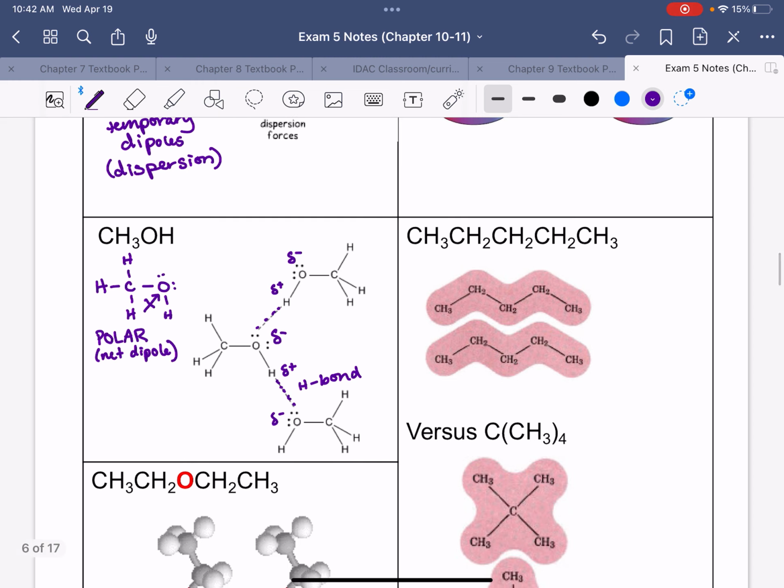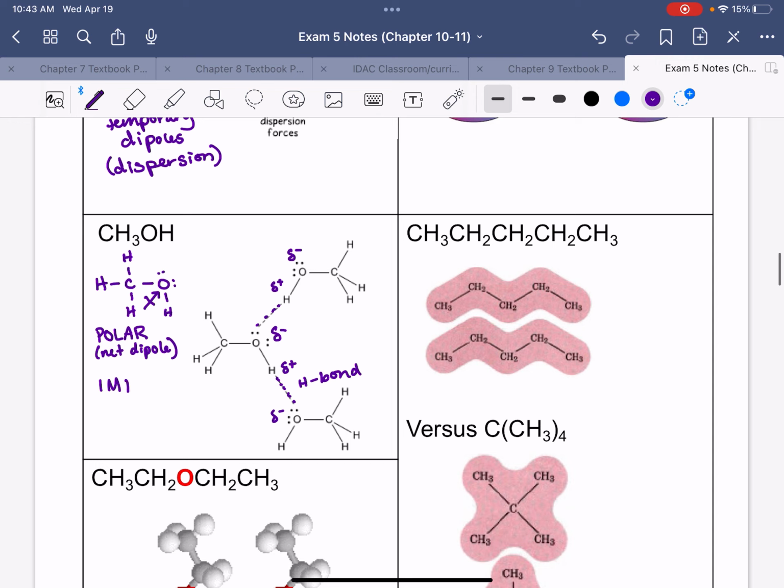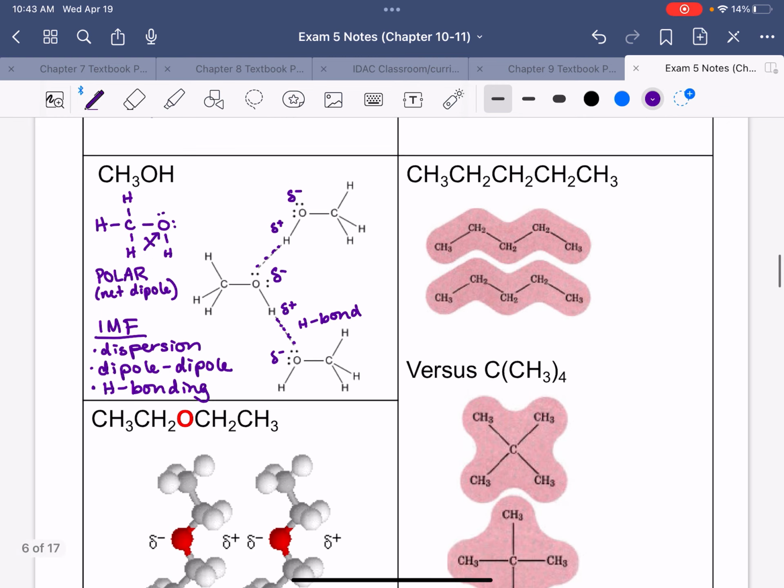So if we list all of the intermolecular forces that are present in this molecule, we still have dispersion, even though it's not really important. We do have dipole-dipole attractions because the molecule is polar, but the important one that contributes to the increased boiling point is hydrogen bonding. So we have all of those interactions there.